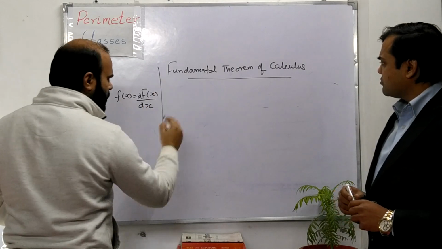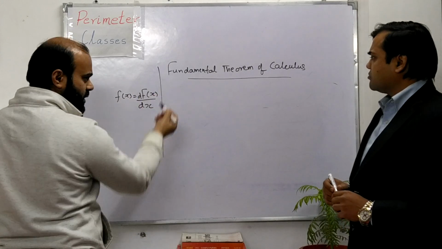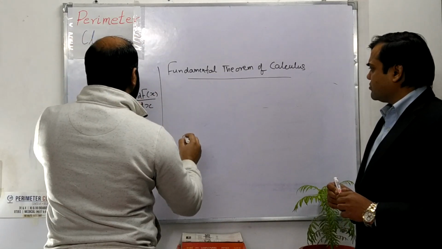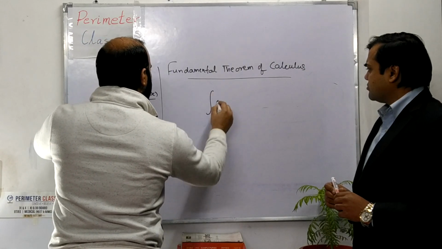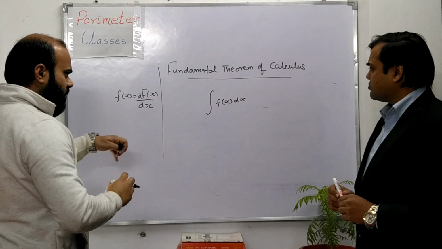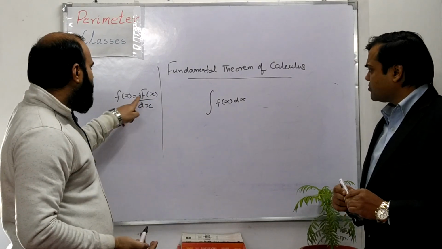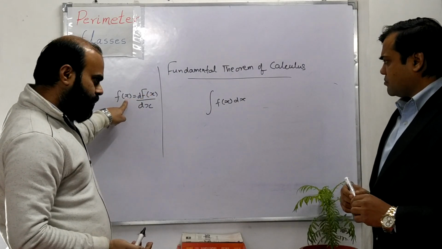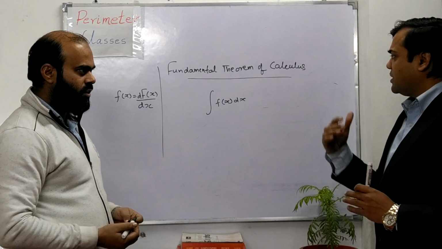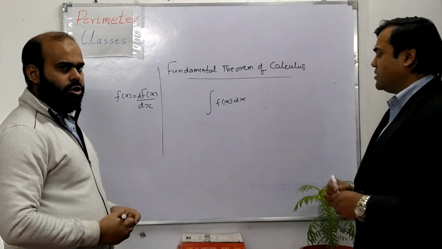This fundamental theorem of calculus says that f(x) is continuous in the interval AB. If you have seen the previous videos, when differentiating this you get this, so when you integrate this you get that. That is why we have said that integration is the inverse of differentiation. This is how it is related.